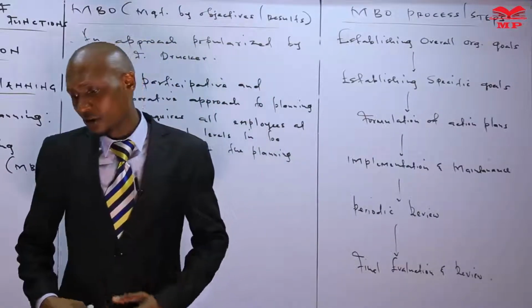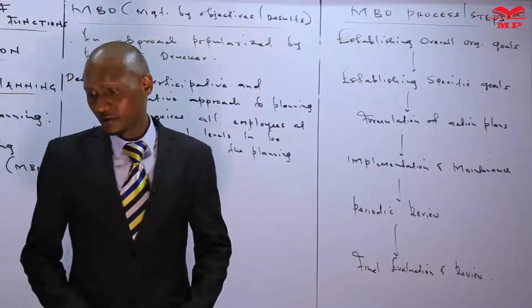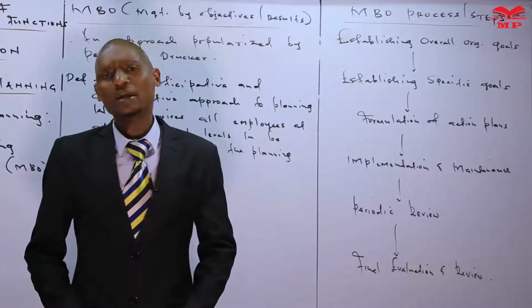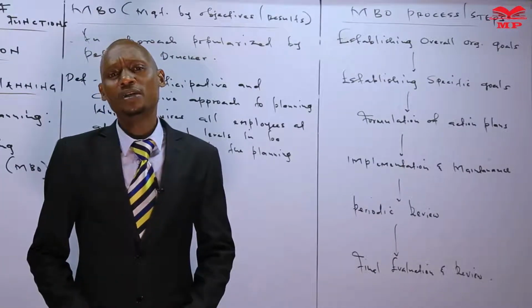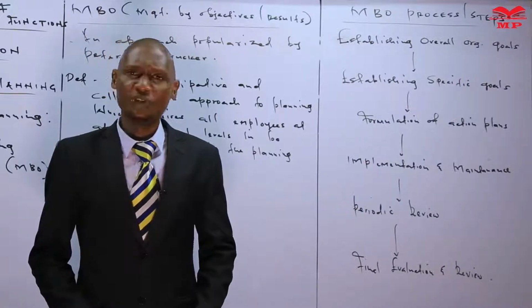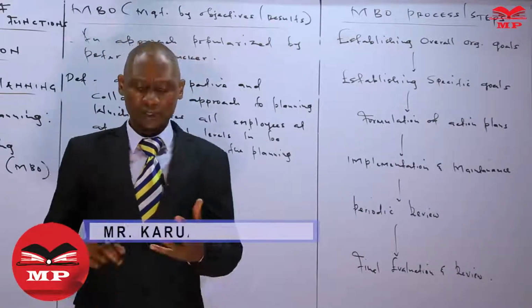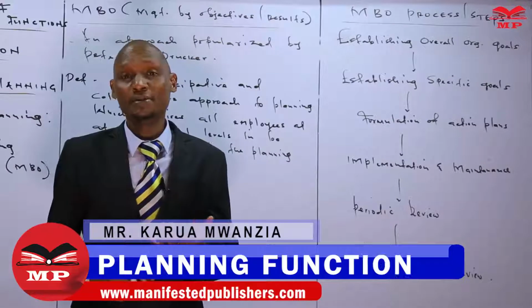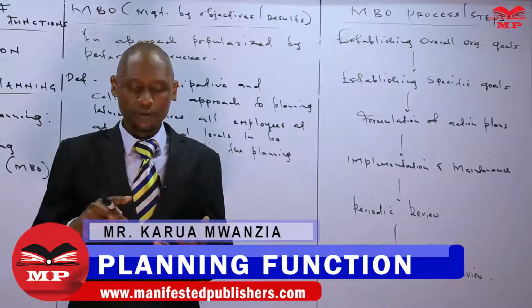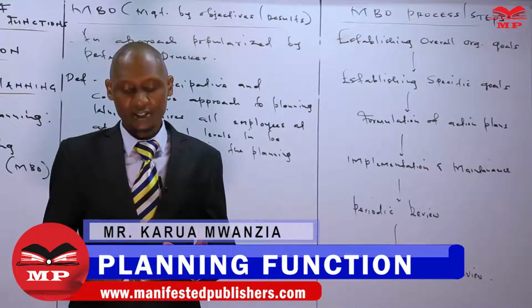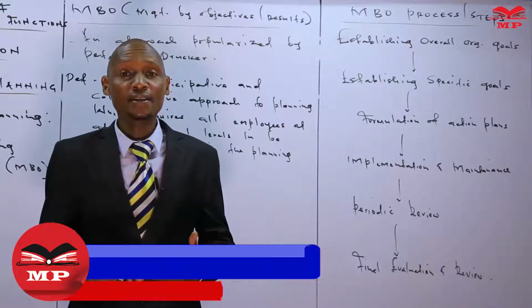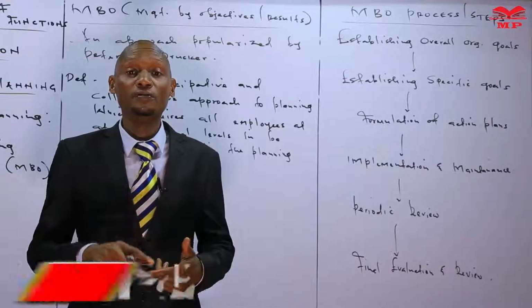Once the overall organization goal has been set, specific goals are established, specific to departments, specific to sections, specific to units, specific to individual employees.